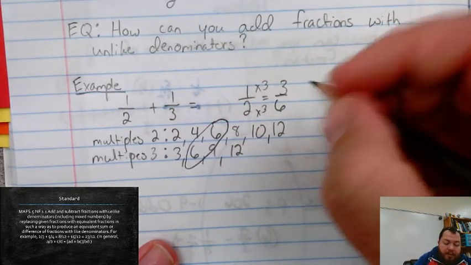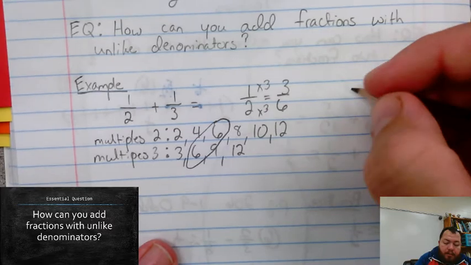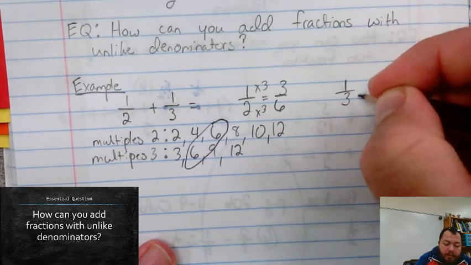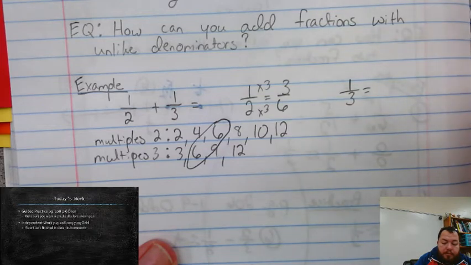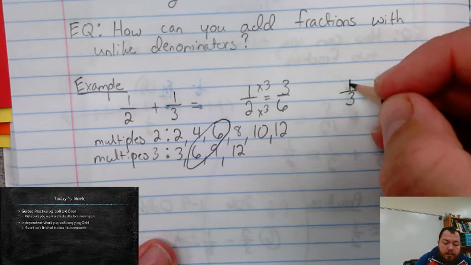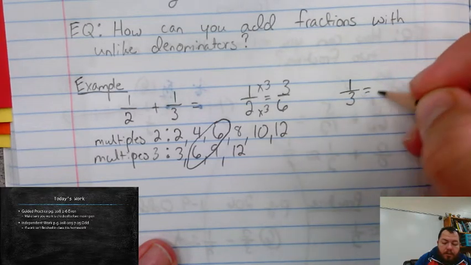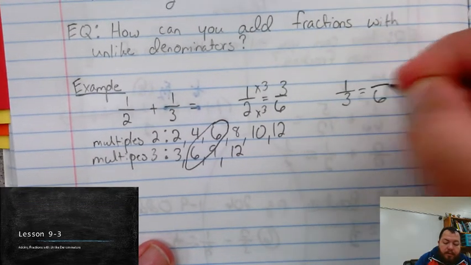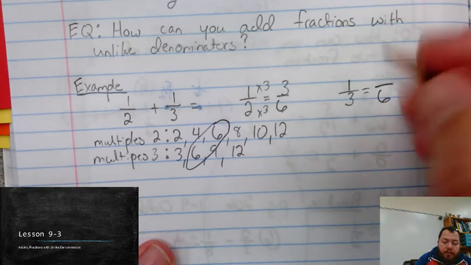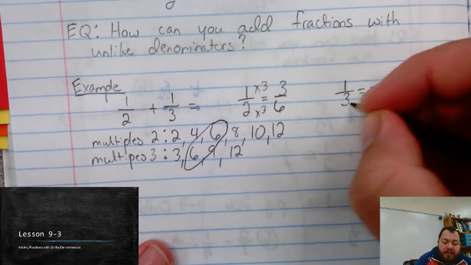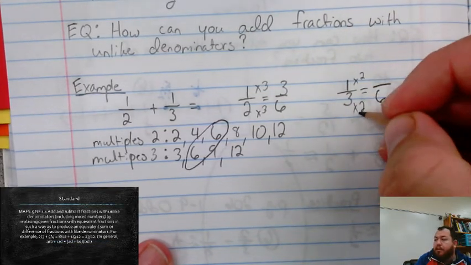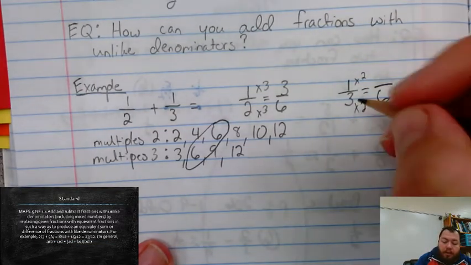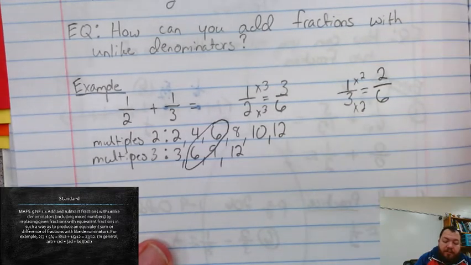So it would be 3/6, and then on the other one, we're going to have 1/3 equals something over 6. So what do we need to multiply 3 by to get to 6? And that's 2. And then we've got to do the same thing to our numerator. Whatever we do to the denominator, we do to the numerator. So 1 times 2 is 2, and that gives us 2/6.